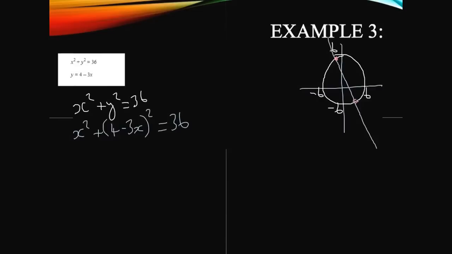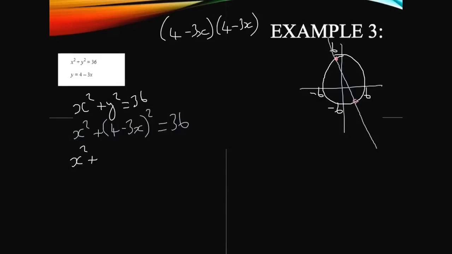Okay, so now I can multiply out my brackets, collect my like terms together, tidy it up, factorise it. So I've got quite a lot of work to do. So we've got x squared. If I expand this bracket out, remember that this would be 4 minus 3x multiplied by 4 minus 3x.